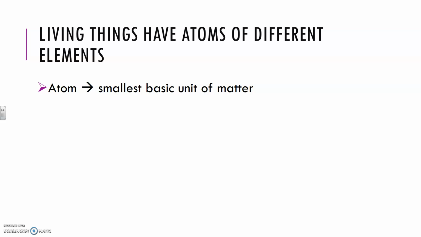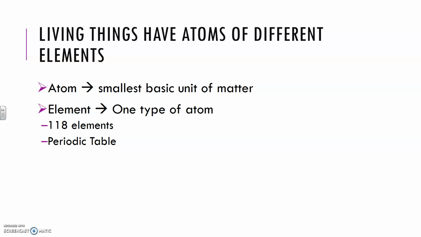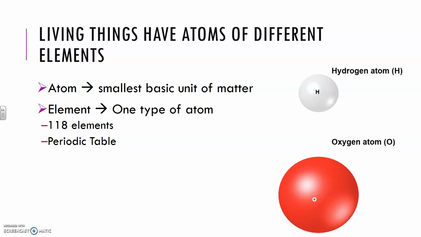Elements are a different type of atom, and you have 118 of them. They are found on the periodic table, so if you had physical science with me last year, you got familiar with the periodic table, I hope, and I hope you still remember that. If not, we're going to use it a little bit in this class, but not as much as we used it last year.